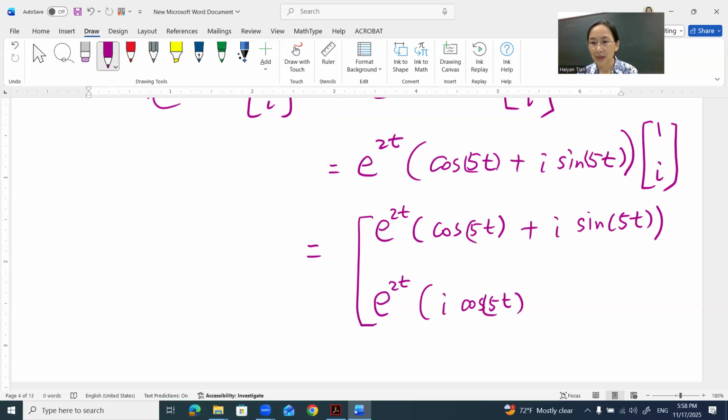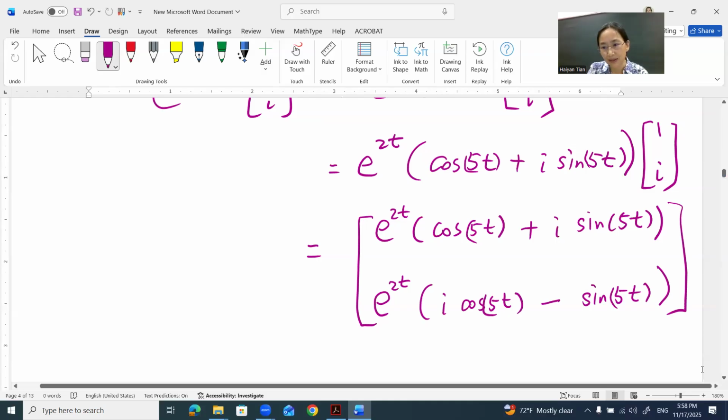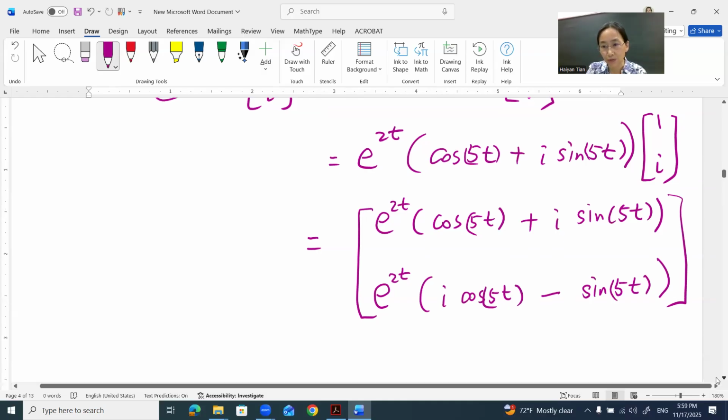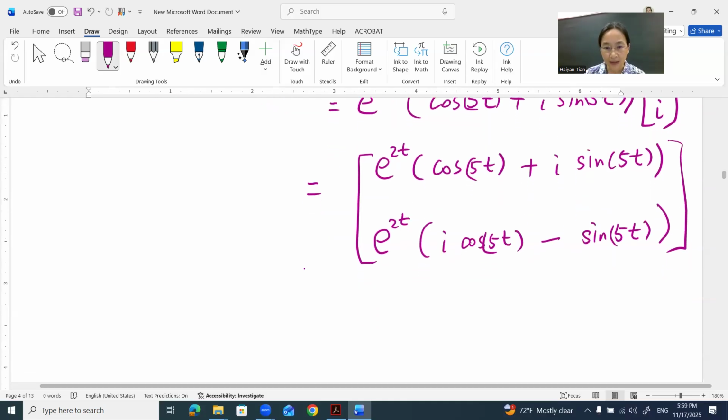I times I will become -1 sine 5t. And then that is the result of multiplication. So we split this solution into a real part plus I times some imaginary part.